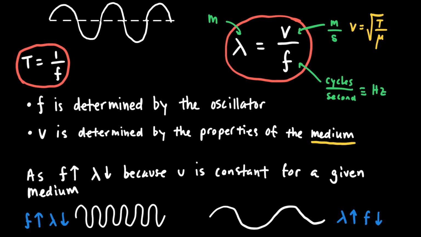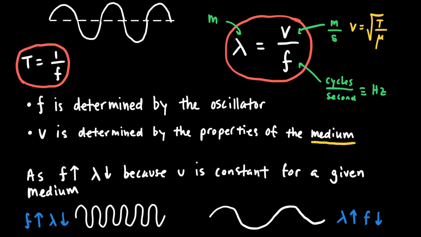So all waves, all mechanical waves, oscillate in a medium. And for example, if I have a wave on a string, then that string has a certain tension and a certain mass per unit length. And the tension and the mass per unit length are physical properties of the string, and it's those properties that determine how fast the wave travels along it.